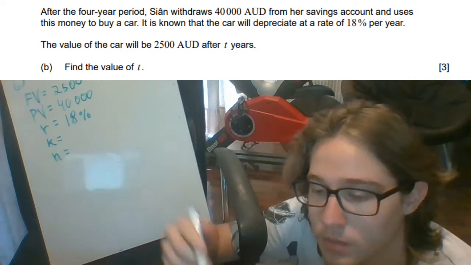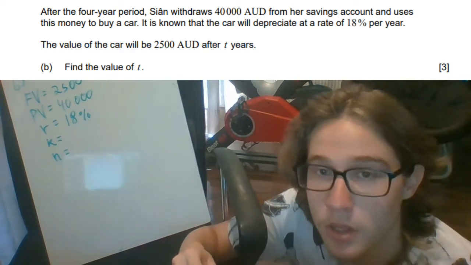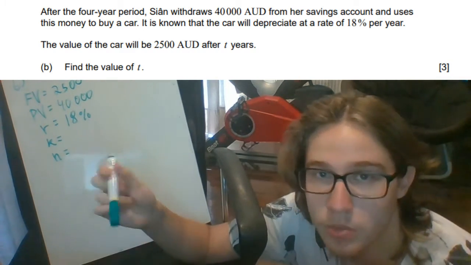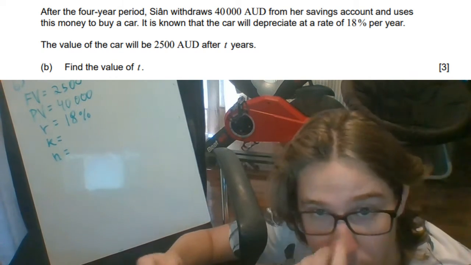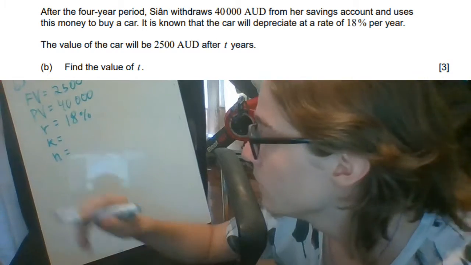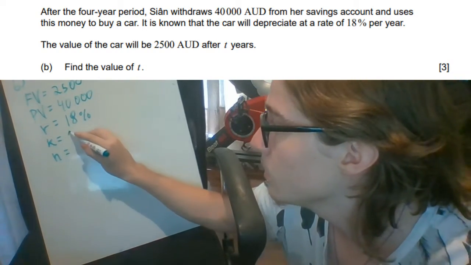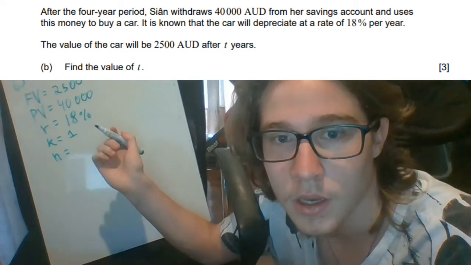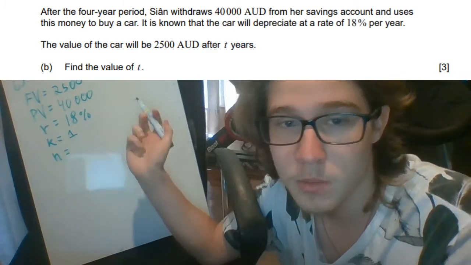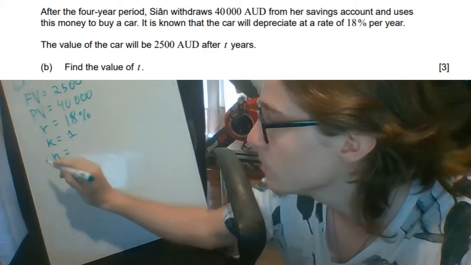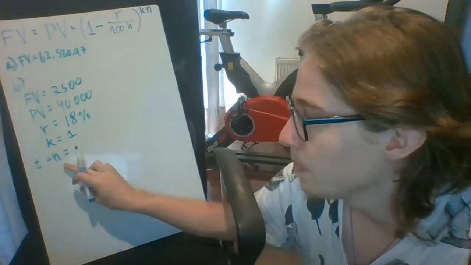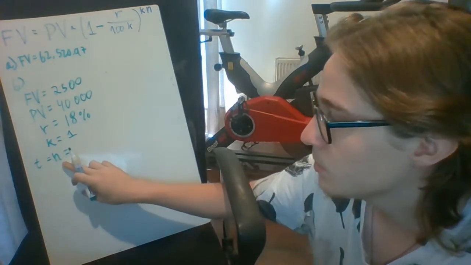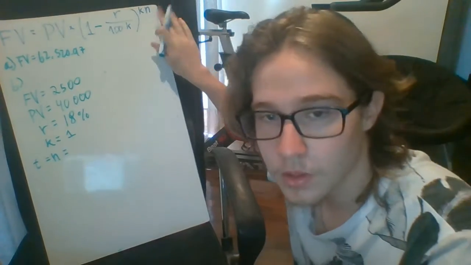If it doesn't tell us whether it's monthly or weekly or anything like that, we assume it's per year. That's another assumption that is going to happen in all problems. If it doesn't tell you if it's monthly, it's per year. And so K is going to be equal to 1, and we don't know what N is, which makes sense because we have to find the value of t. In the context of the problem, t is going to be equal to N. I'm just pointing this out so it makes sense in the formula booklet.